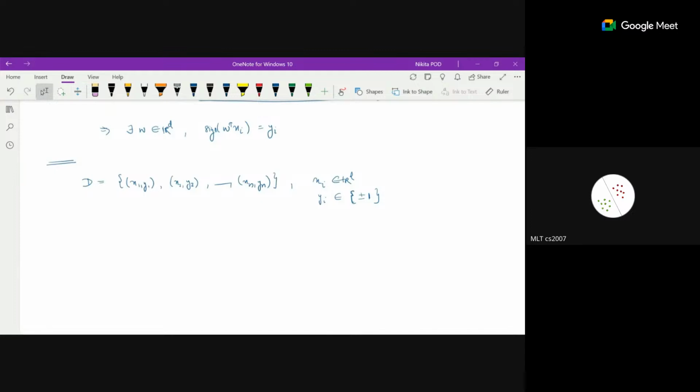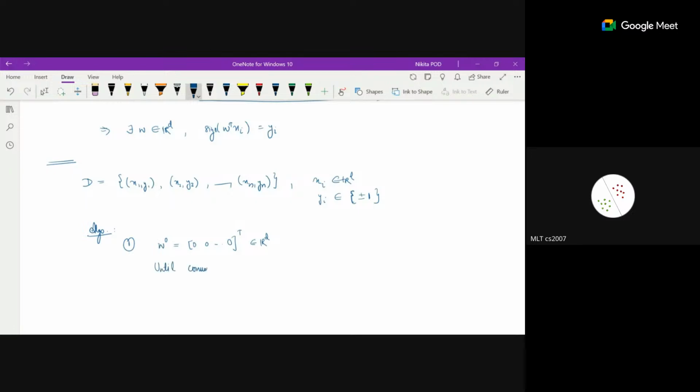Now the algorithm goes like this. What the perceptron does is initialize the weight vector to be 0 first, in R^d. So initialize W0 to 0, and run until convergence.